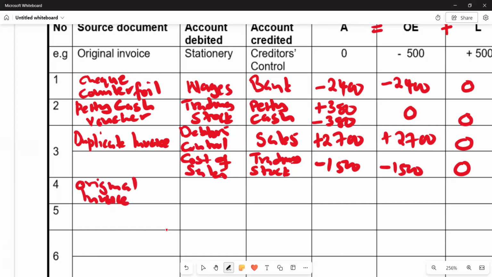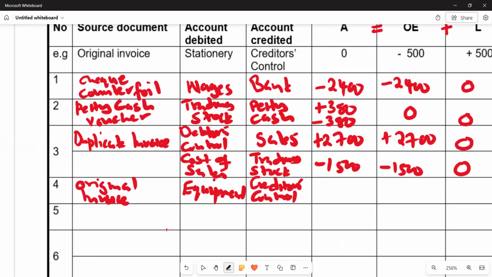Then on the double entry, we said we are debiting equipment, and then we are crediting creditors control. And we removed the trade discount of 15%, and we are left with 9,180.